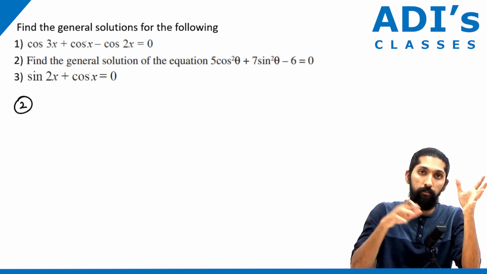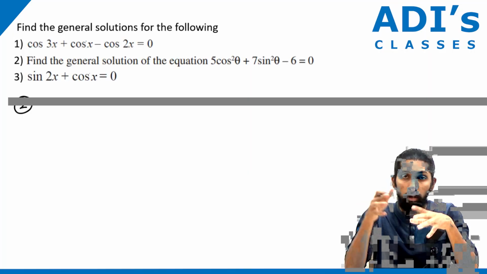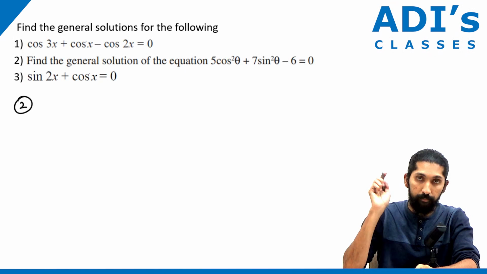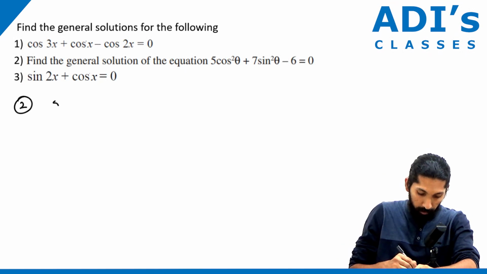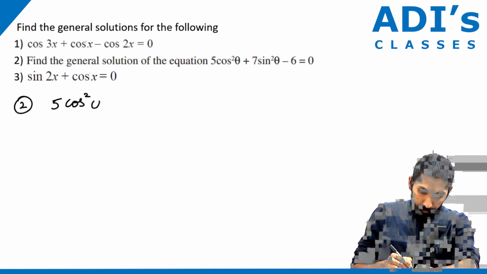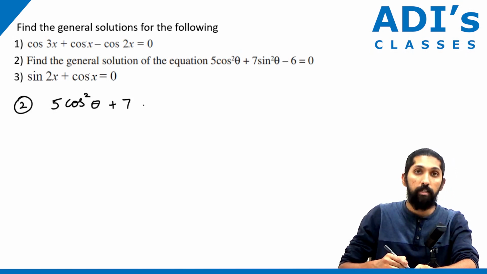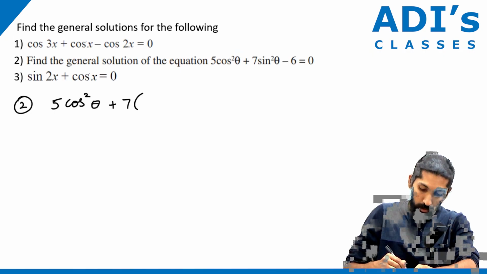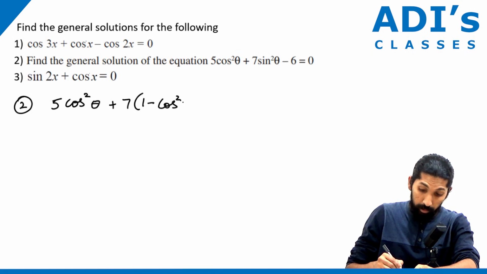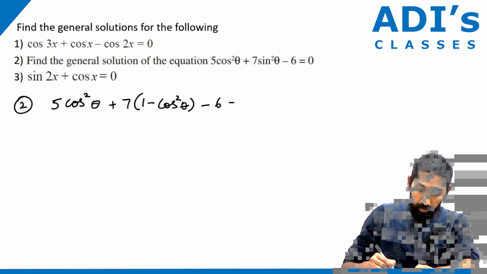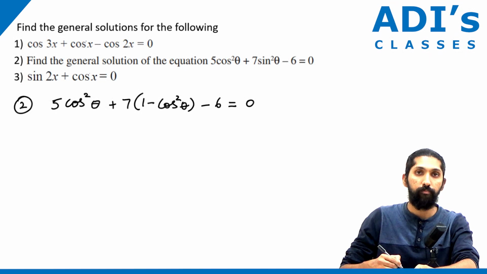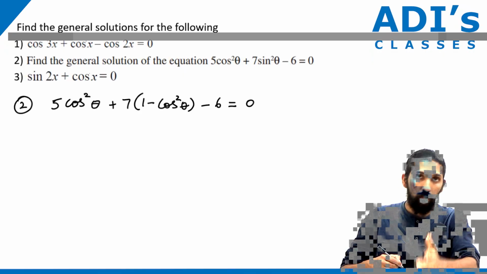That means either we can take sine as cos or cos as sine, any one of it. First, 5 cos square theta plus 7 sin square theta, we'll write it as 1 minus cos square theta, minus 6 is equal to 0. Okay, we just converted sine to cos.